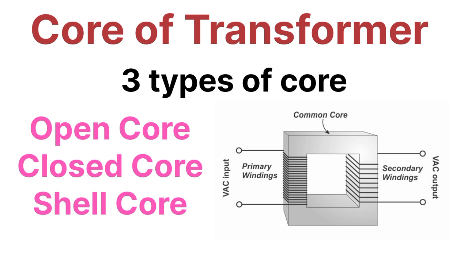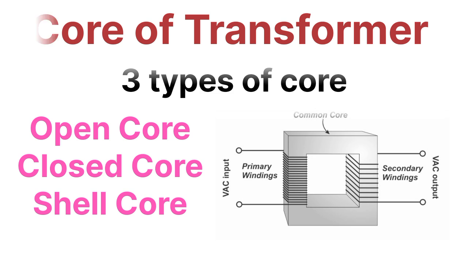So till now you should know that these three types of cores are available: open core, closed core, and shell core. The work of a core is directly proportional to the turns which are wrapped around the core of the transformer. So this is a main part of the transformer.